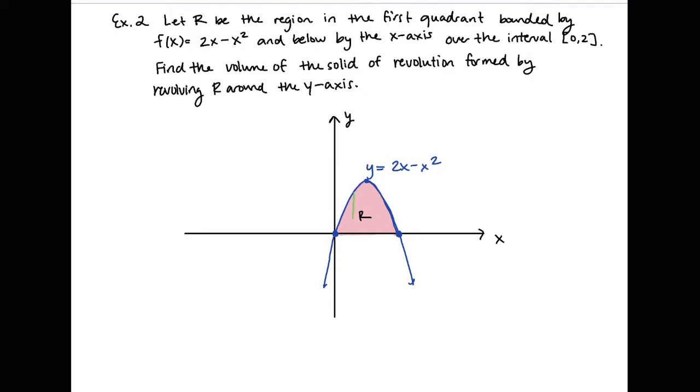When I draw a rectangle and rotate it around the y-axis, it is going to make a shell that looks like this. Vertical shell, we'll call it. What thickness are we working in? This looks like a delta x. So the thickness of the shell is a delta x.